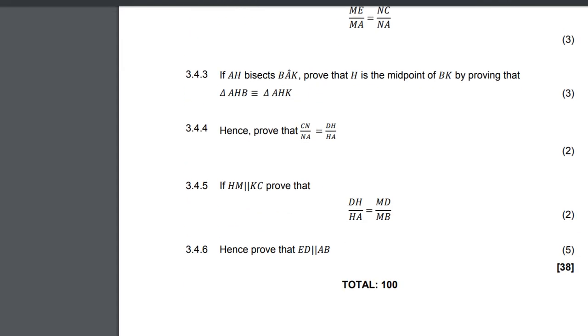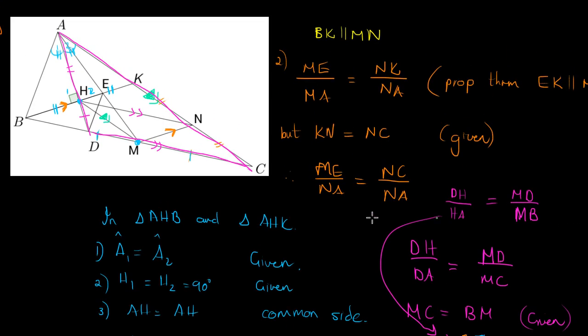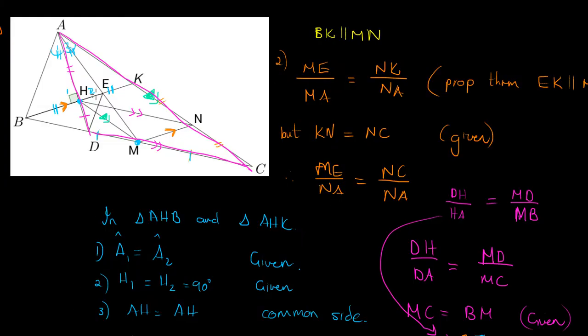Okay, let's do this last question. It's going to give us 5 marks. It's probably the most difficult question in the whole question paper, but hence prove ED is parallel to AB. So we have to prove that ED, this line here, is parallel to AB.